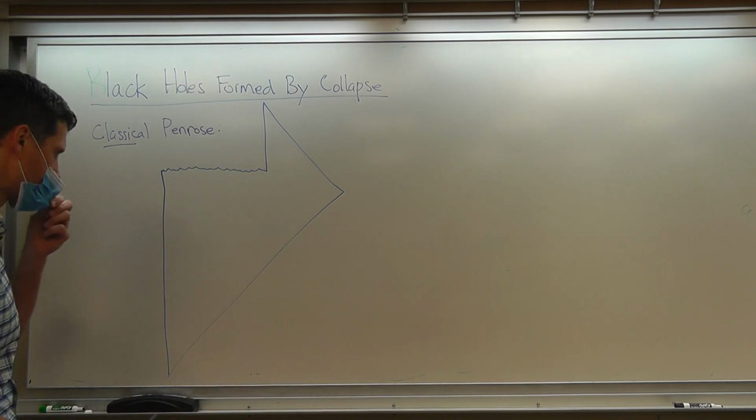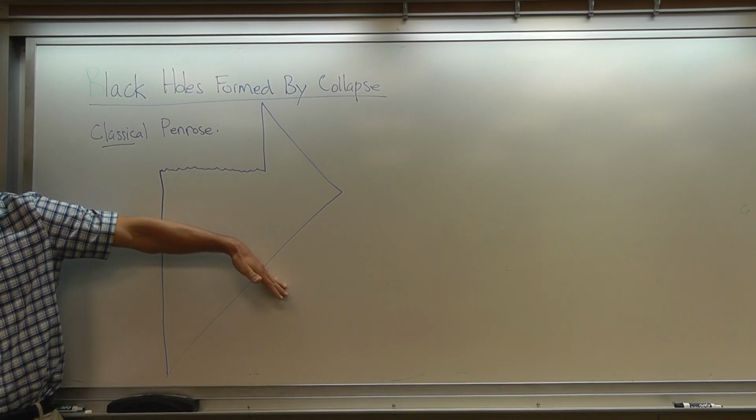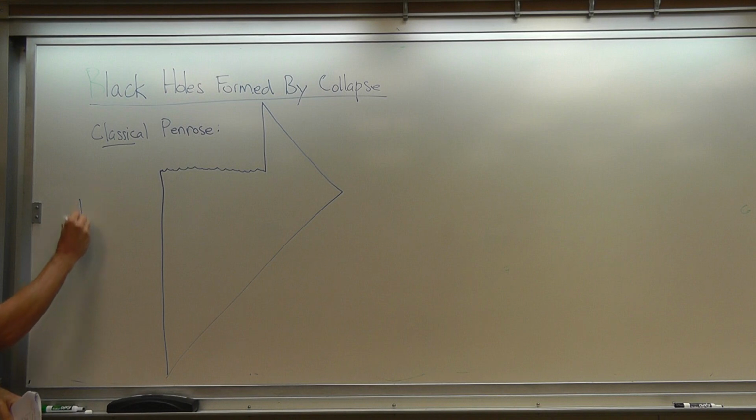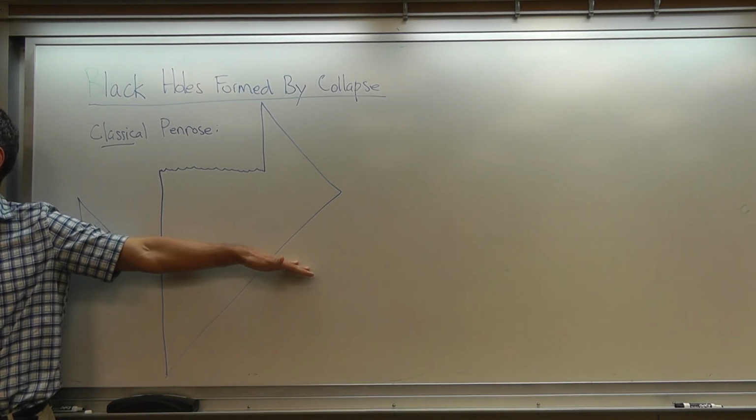If you look at the bottom half of the diagram, remember the Minkowski-Penrose diagram? It's just a triangle. So if you look at the bottom half, you start in Minkowski space.